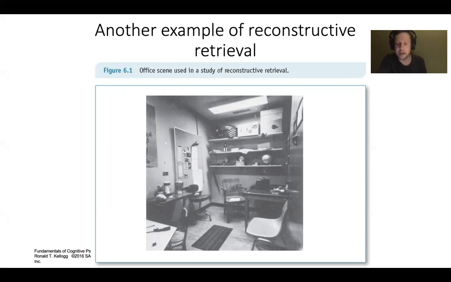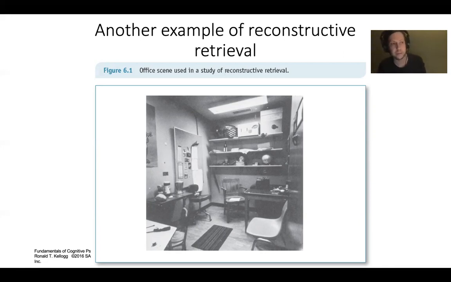But in the textbook, they talk about the idea that when the students were later asked what objects were in the room they were waiting in earlier, students were likely to make errors of things that typically appear in a professor's office. So maybe things like a chalkboard, or a computer, all things that are schematically associated with the professor's office.